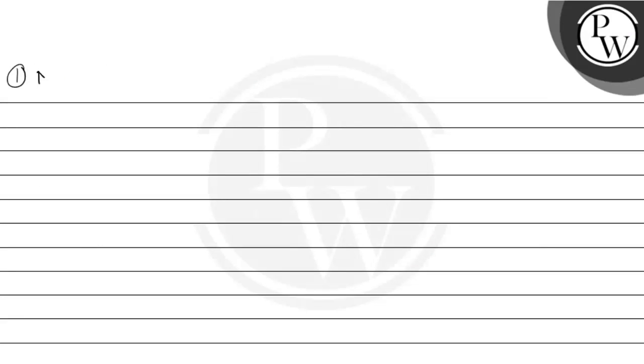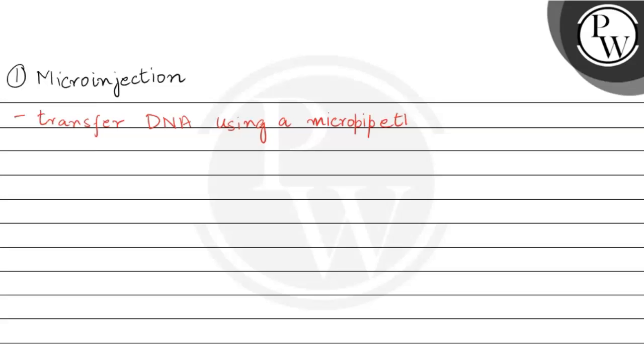The first one is microinjection. Microinjection is a physical means of direct gene transfer where we can transfer the gene of our interest or the DNA using a micropipette into the nucleus of the host cell.